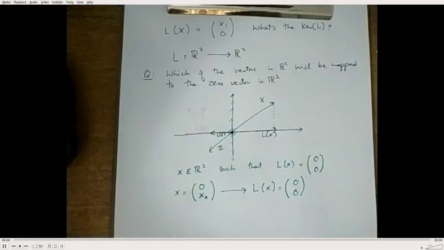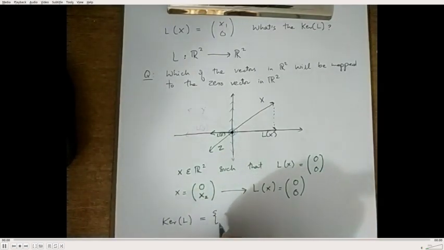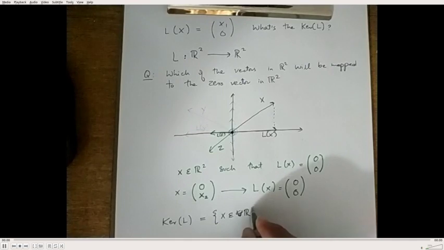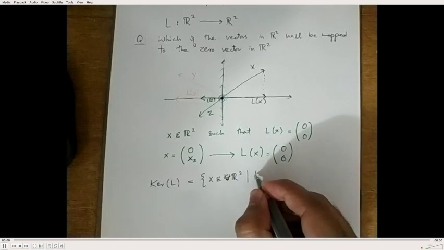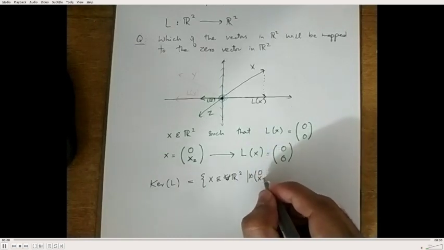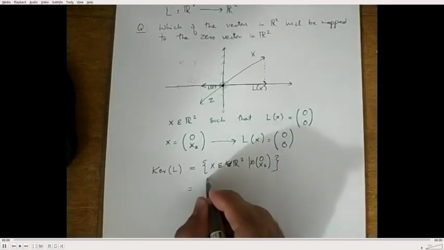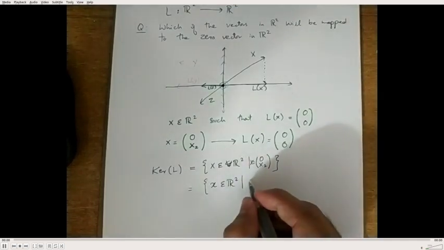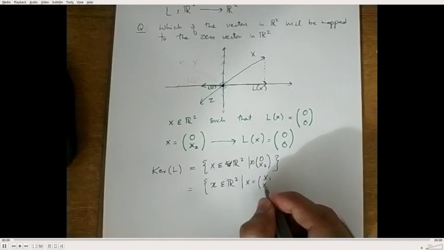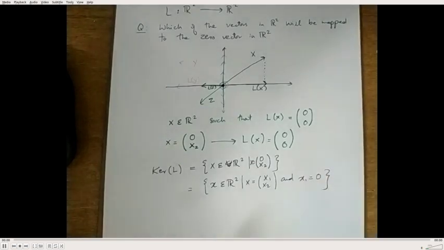And so I can say that the kernel of L is actually all the vectors x in R2 such that x = (0, x2). Or maybe I can write it in a different way: all of these vectors in R2 such that x = (x1, x2) and x1 is simply 0.